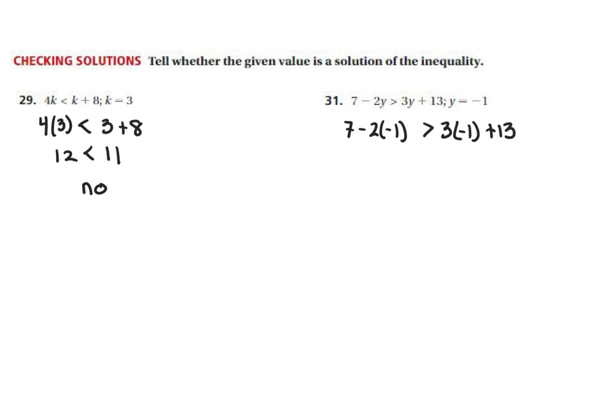On the left side, negative 2 times negative 1 is 2, and 7 plus 2 is 9. On the right side, 3 times negative 1 is negative 3, and negative 3 plus 13 is 10. So is 9 greater than 10? No.